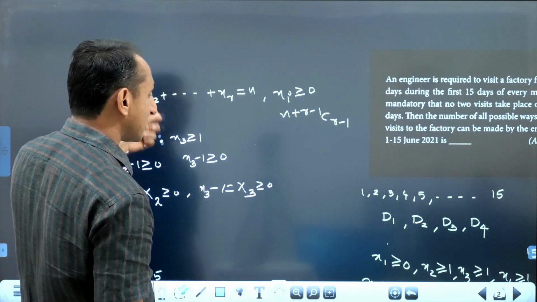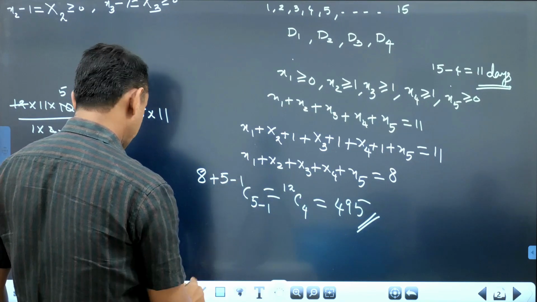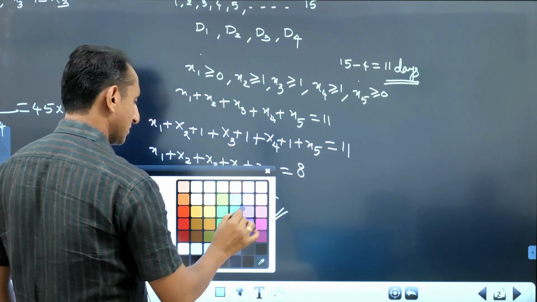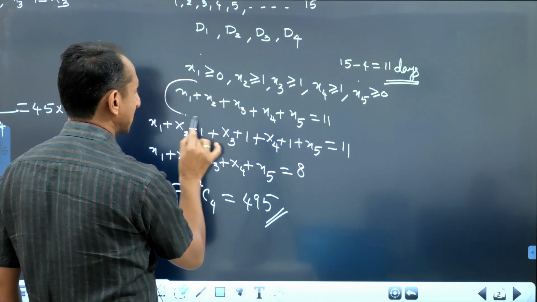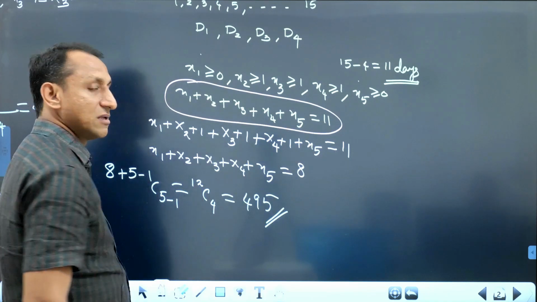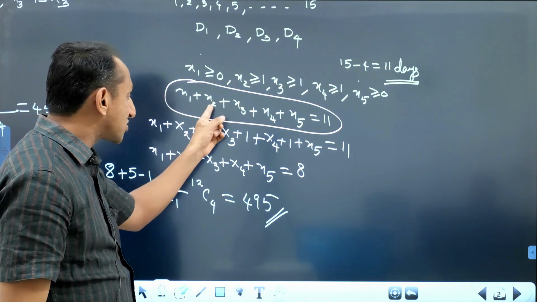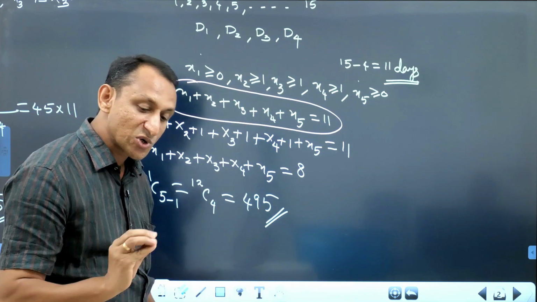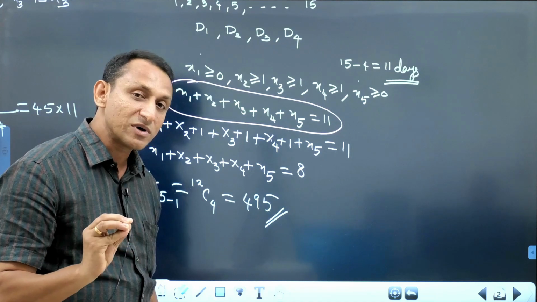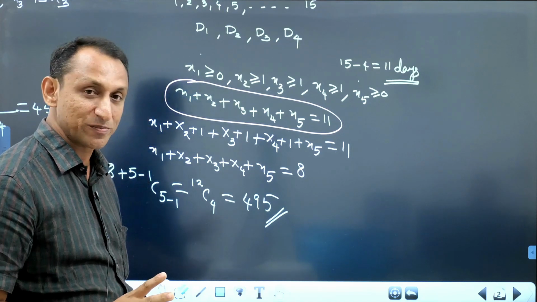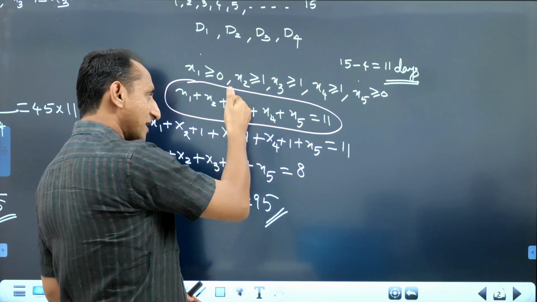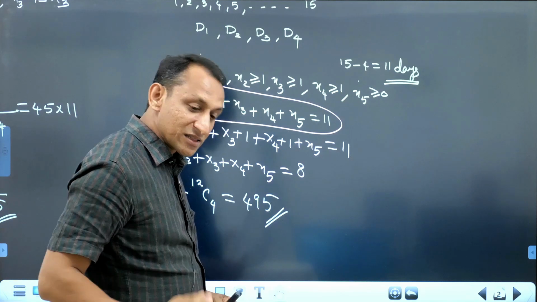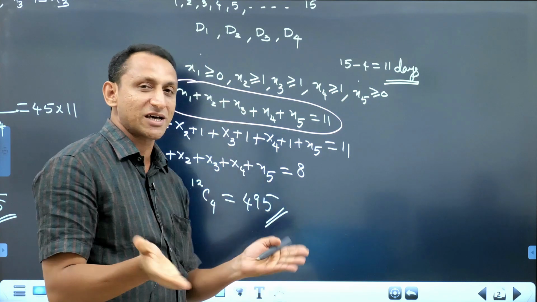Another method is that from this equation, x2, x3, x4 are all greater than or equal to 1. So we first give 1 day to each of them: x2 gets 1 day, x3 gets 1 day, x4 gets 1 day. Then these three quantities are greater than or equal to 0.